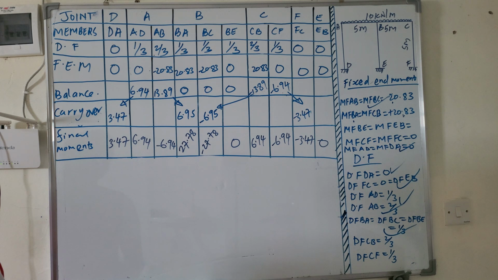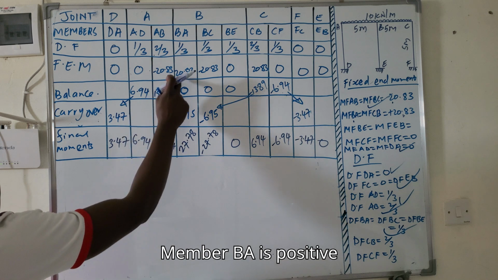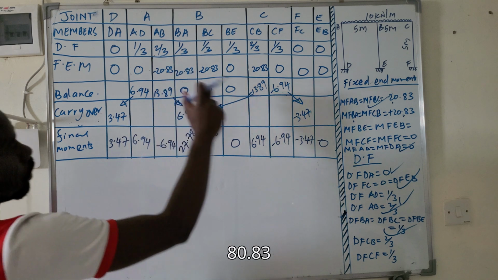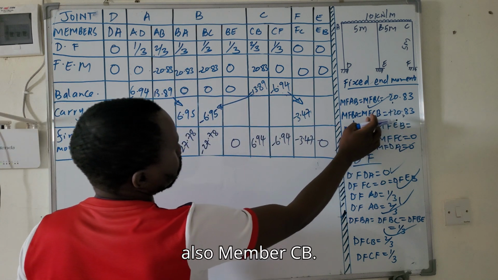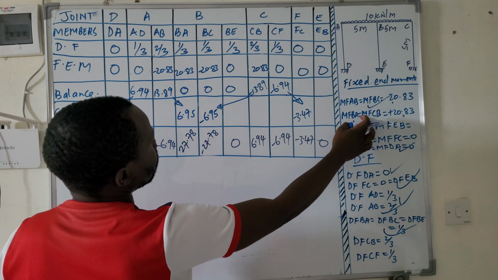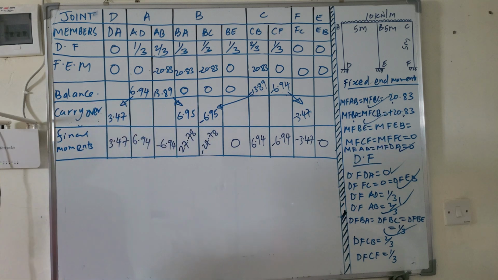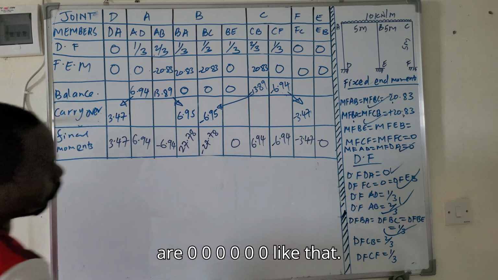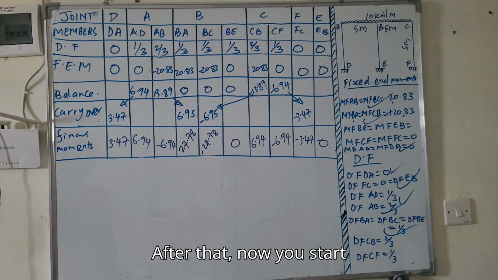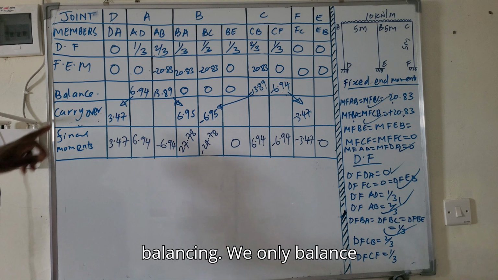We proceed to member BA. Member BA is positive 80.83. Also member CB, this one. So done. The remaining are 0, 0, 0, like that. After that, now you start balancing.